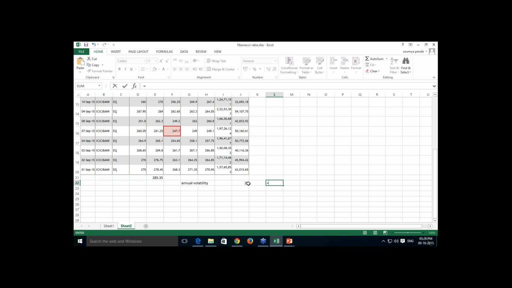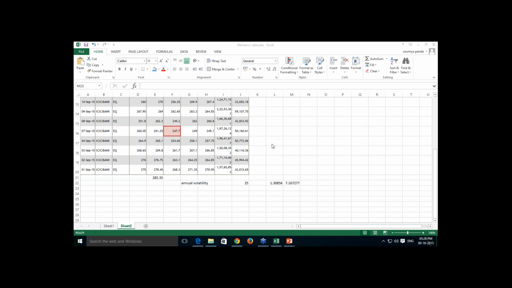Here, this divided by the square root of 365 will give me the daily volatility, and if I multiply this daily volatility with the square root of 30, I will get the monthly volatility. Monthly volatility is 7%.